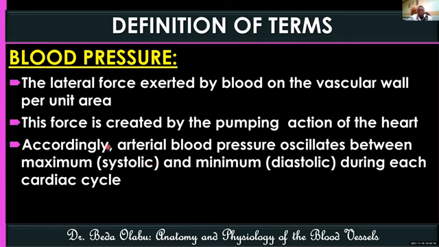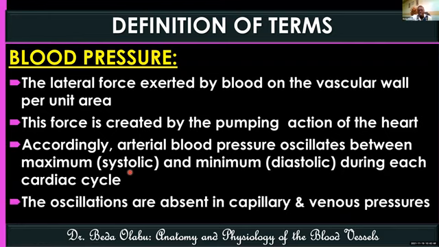Because it is created by the pumping activity of the heart, the pressure therefore usually rises in the arteries during contraction of the heart, during cardiac systole. And the pressure falls to its minimum when the heart is in relaxation. And so arterial blood pressure oscillates between that maximum and minimum in each cardiac cycle.